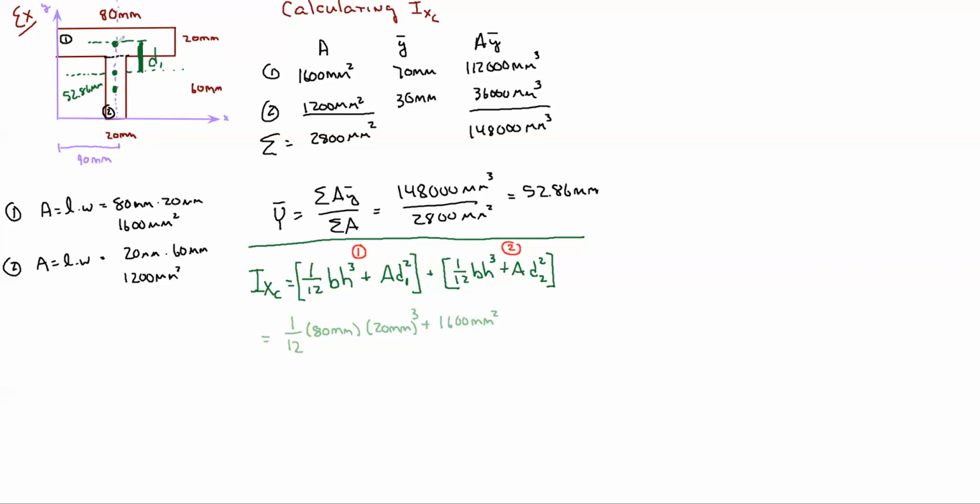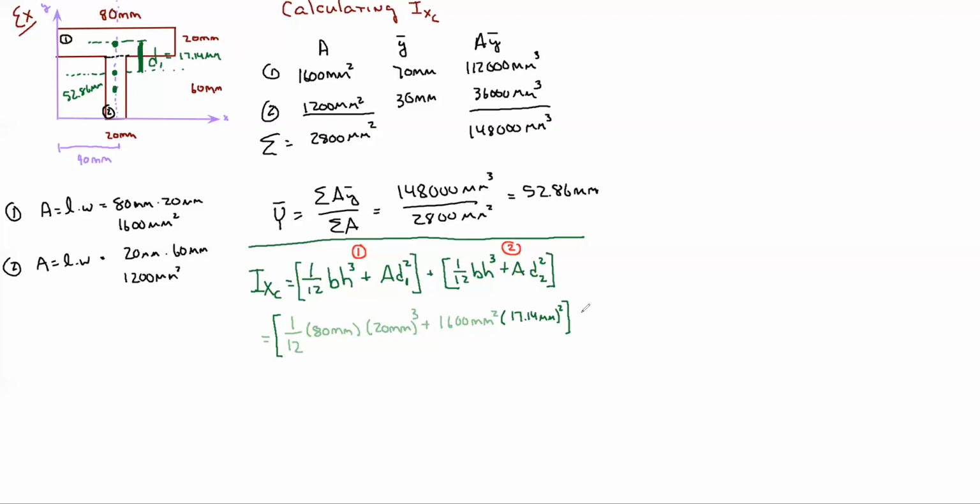So 70 minus 52.86 is 17.14. So D1, the distance, is 17.14 millimeters. I'm going to write that in real quick so I don't forget it. 17.14 millimeters, and then that whole value is squared. And so that's part 1's input into this whole thing.